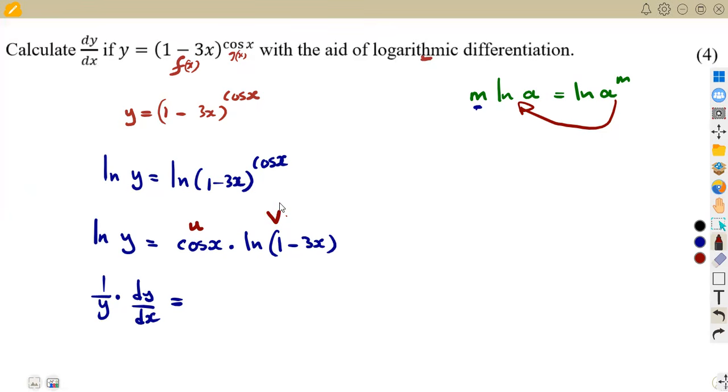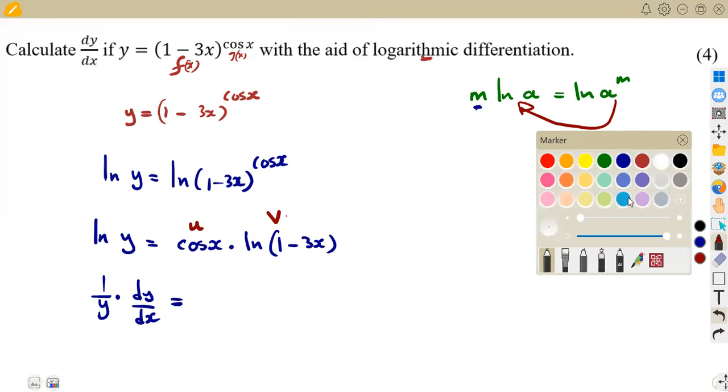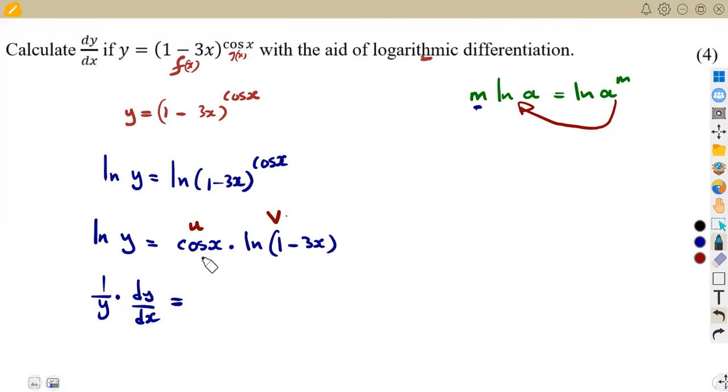Remember from our product rule, guys, that if you are to differentiate, it is going to be u times the first derivative of v, plus v times the first derivative of u. So in this case, we are going to take our u as it is, which is cosine of x. So that is going to be cosine of x multiplied toward the first derivative of v, which is ln x.